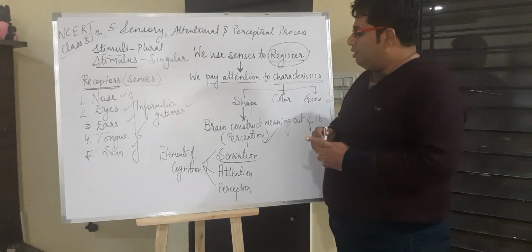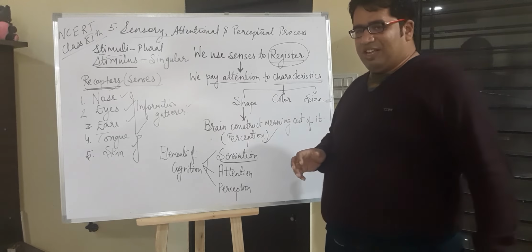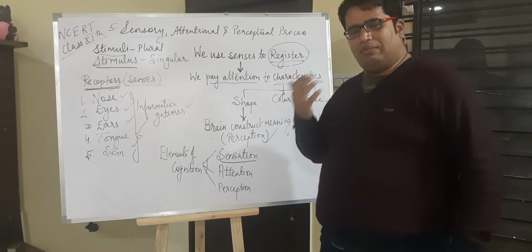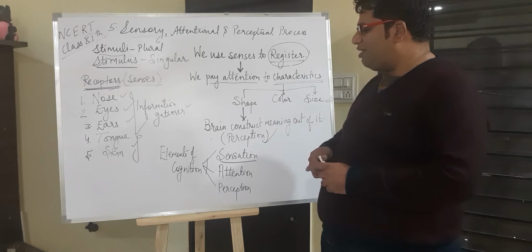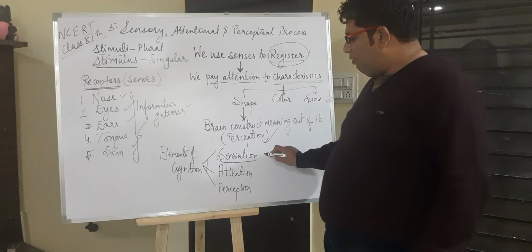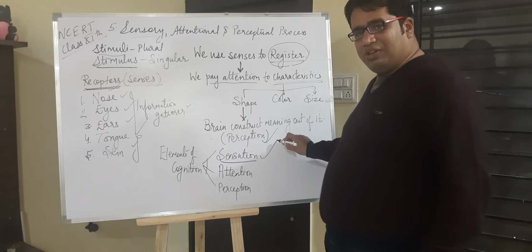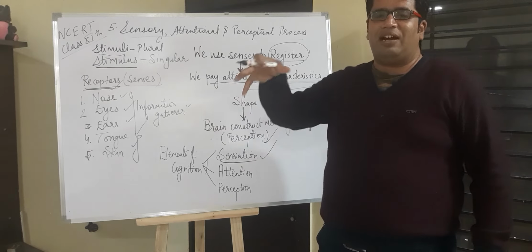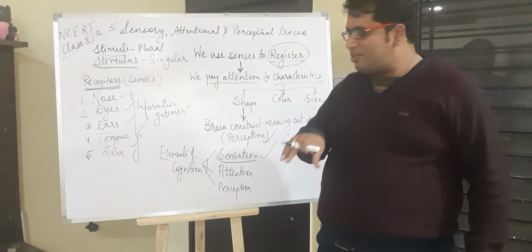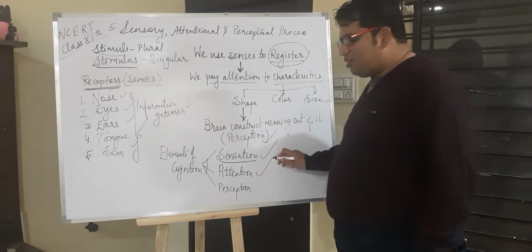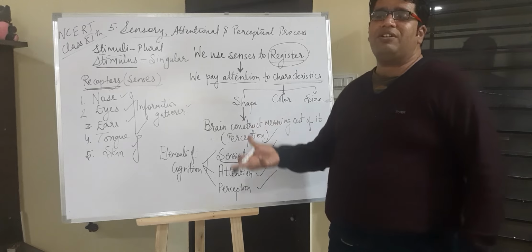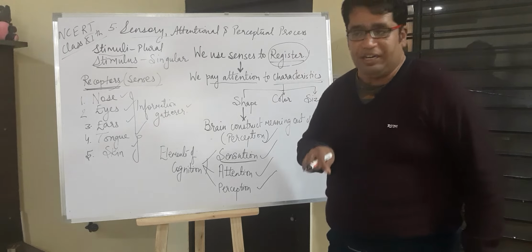So in total, the basic cognition in our sensational process is: first sensation, in which you register your senses to understand a particular condition or stimulus, then you pay attention to your stimulus, and then you draw a perception from the stimulus which you have attended.